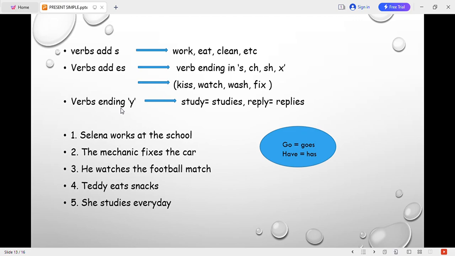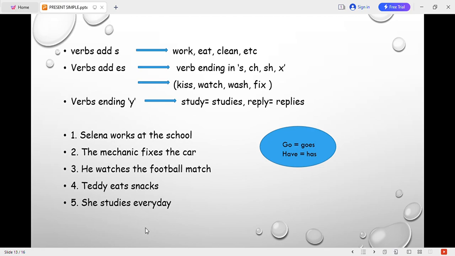And then verbs ending in y: study becoming studies, reply becoming replies. If the subject is a singular subject, Teddy eats snacks. She studies every day. He replies the message. For example, she studies every day.